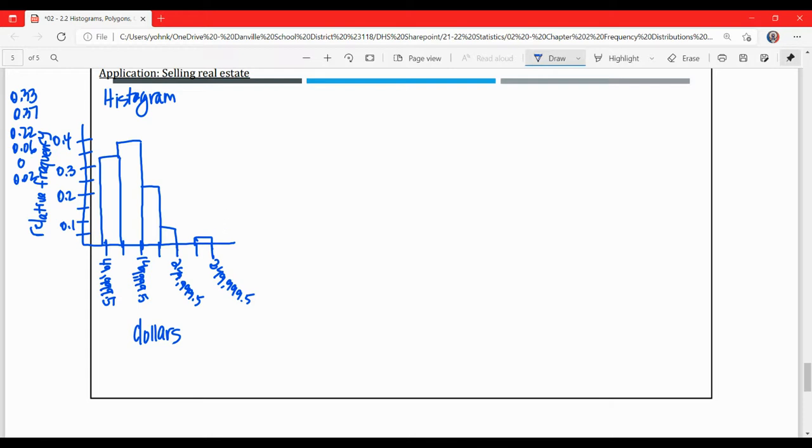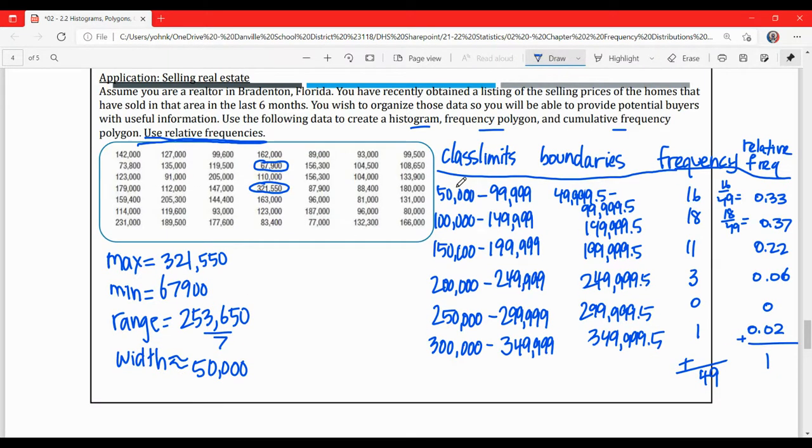Okay, then we can do a frequency polygon. It's the one in the middle. The frequency polygon uses midpoints along the bottom. So we should look at what our midpoints are. If we look back here, our first midpoint would be what is in the middle of 50,000 and 99,999.